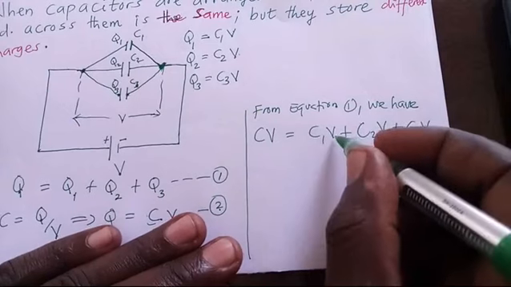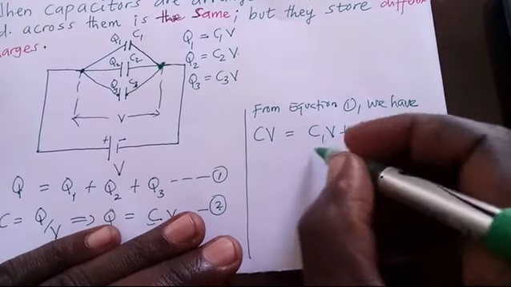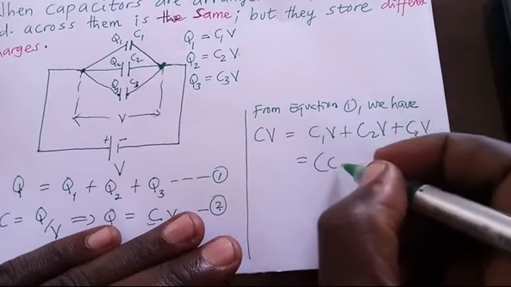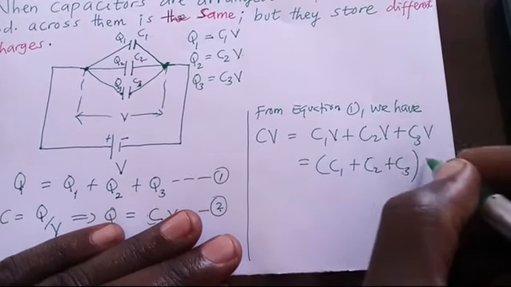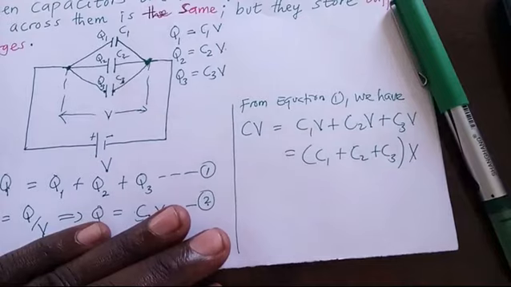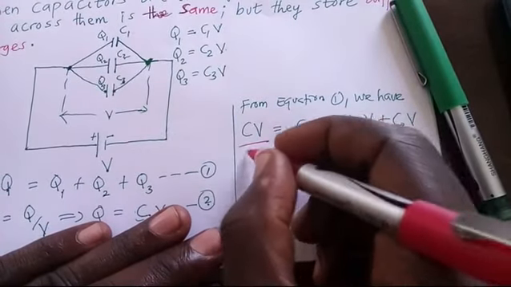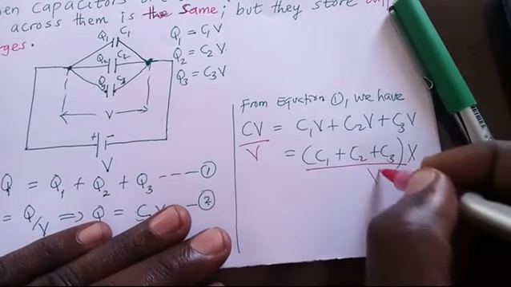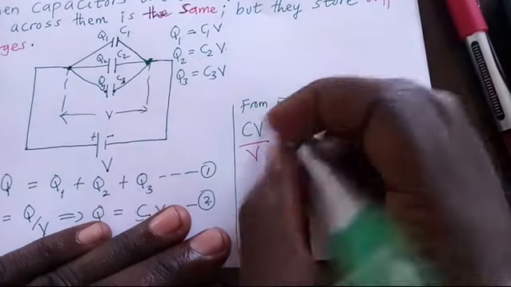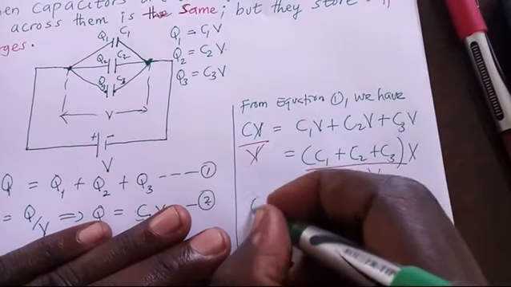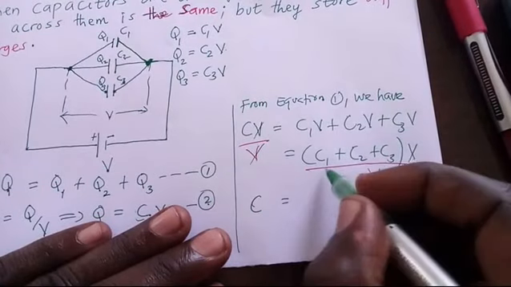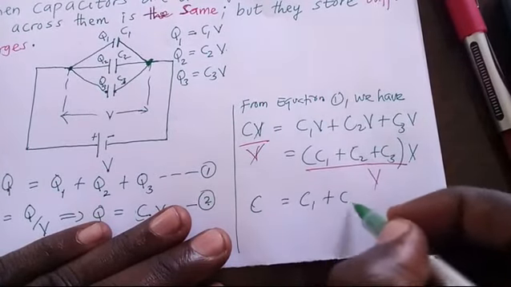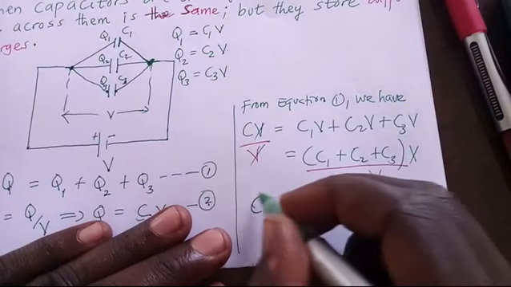Now V is common, so we can factorize V out. So C1 plus C2 plus C3, and then we factorize V out. Now you have V on both sides, so you can divide both sides by that V, and you see that this V cancels V, so you have C, meaning the total capacitance, is equal to C1 plus C2 plus C3.